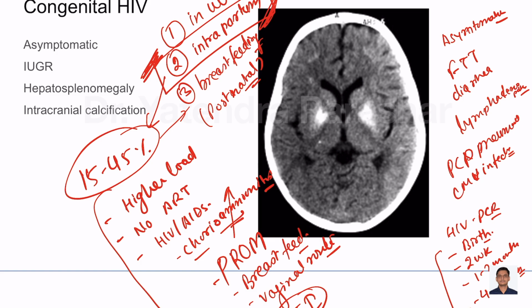Maternal antibody persists for 18 months in the newborn. Prevention can be done with universal antenatal screening, use of highly active antiretroviral therapy, infant prophylaxis with zidovudine, and use of formula feeding if feasible.